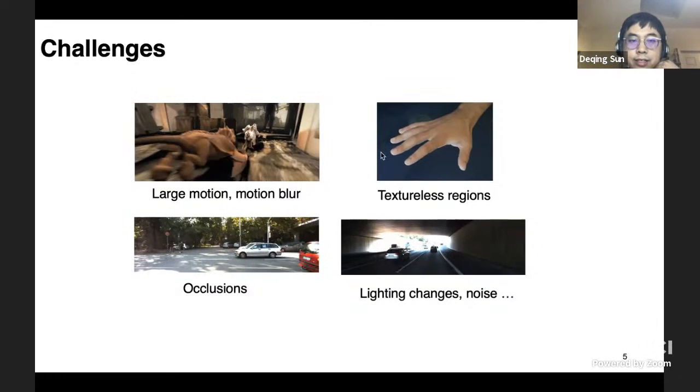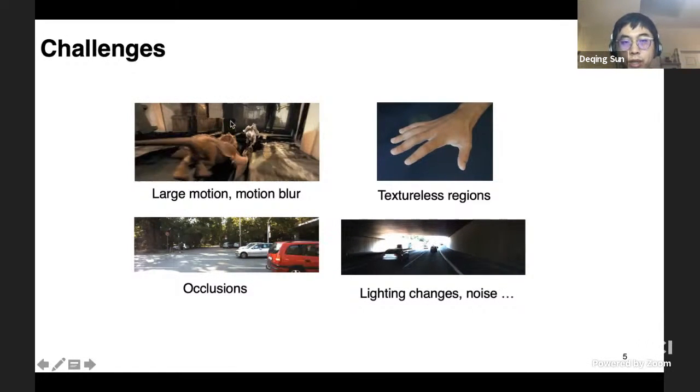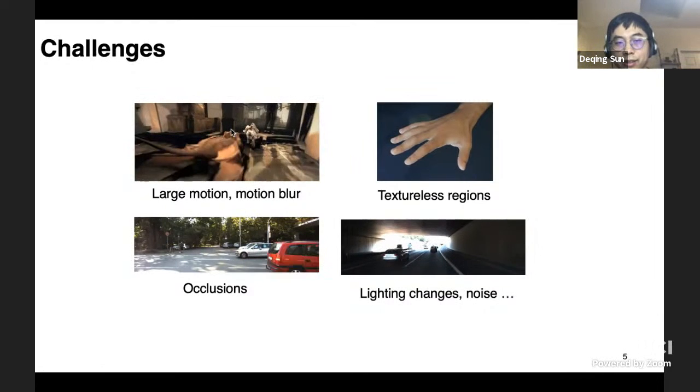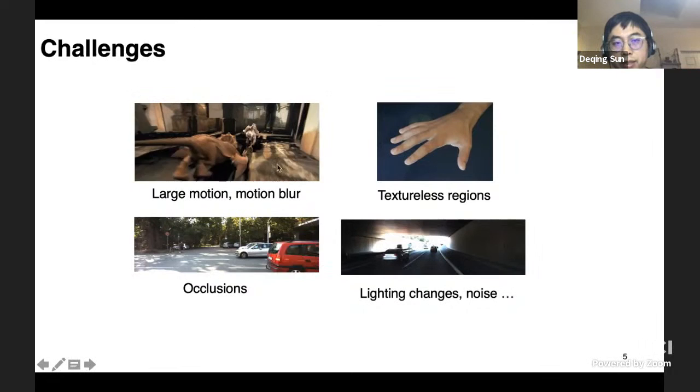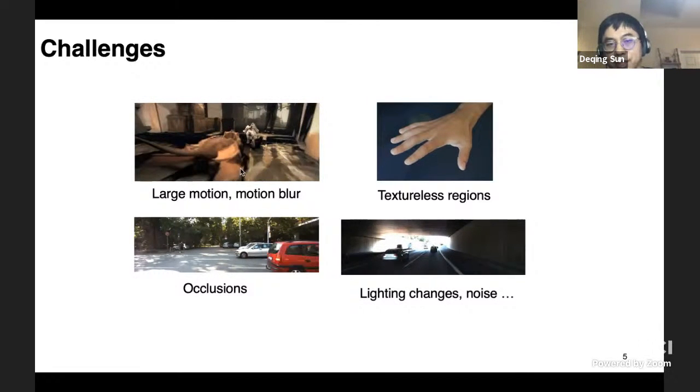That idea is, when you first train a network, you can apply it to a particular input frame pair. You call it a teacher network. And then you crop the input image and give it to a student network. And then you use the teacher network to supervise the student network.